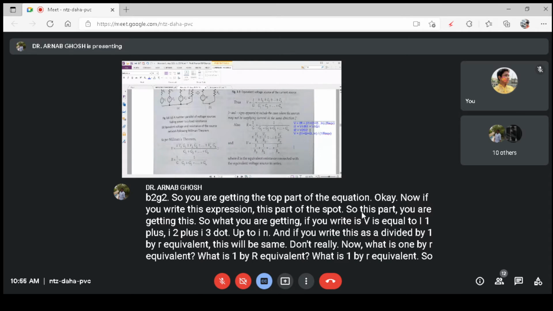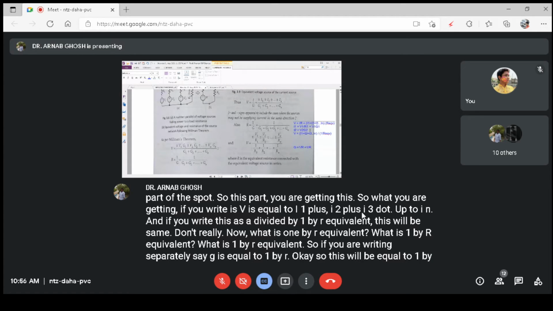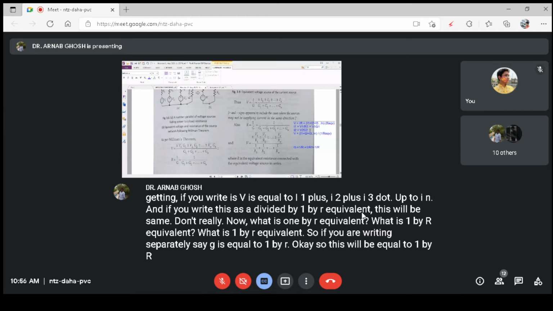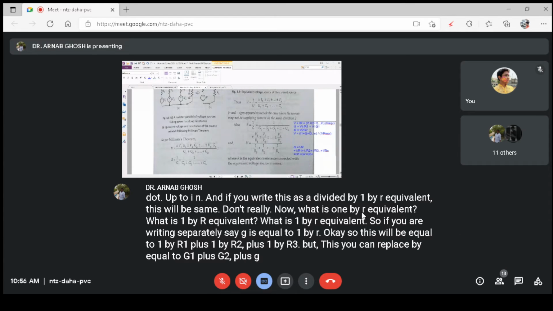So if we are writing separately, say G is equal to 1 by R, this will be equal to 1 by R1 plus 1 by R2 plus 1 by R3 dot dot dot. Clear? So this you can replace by G1 plus G2 plus G3 plus G4 like this.